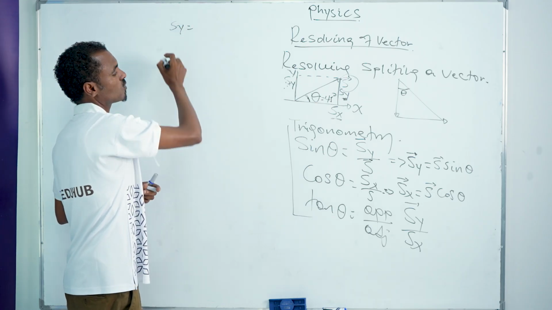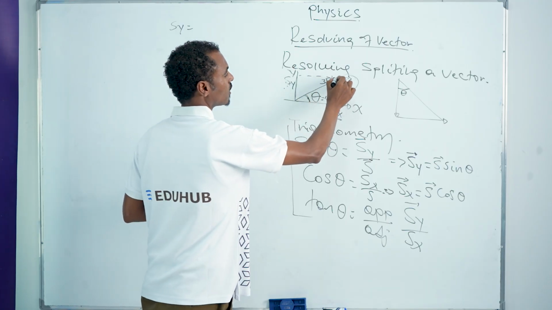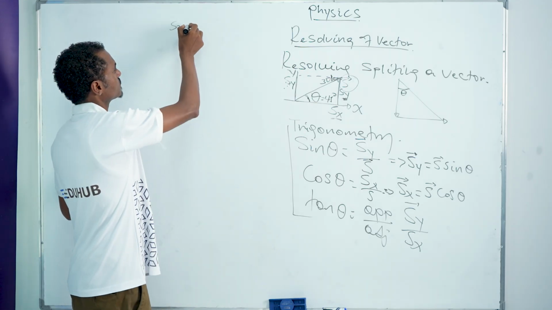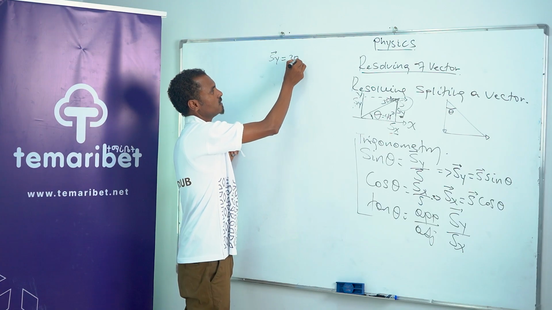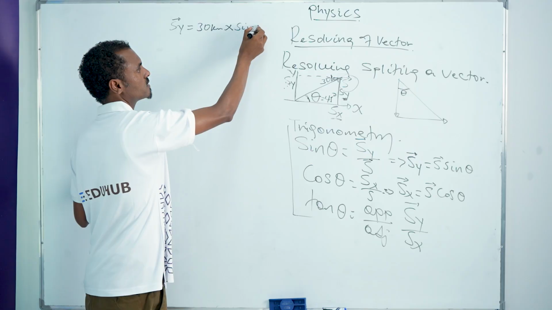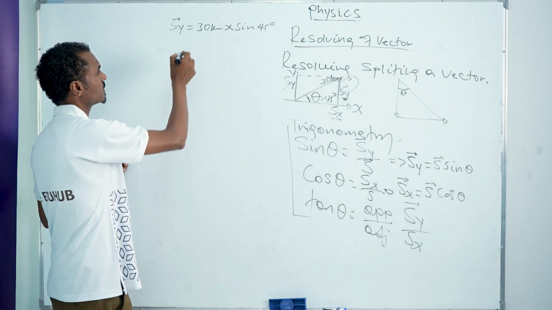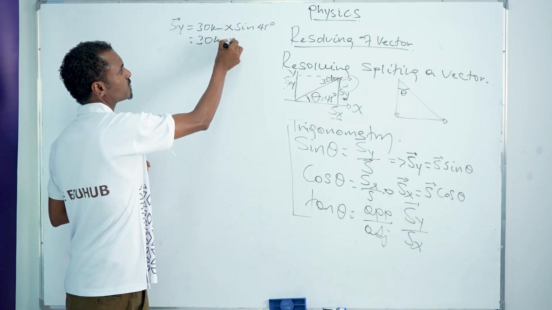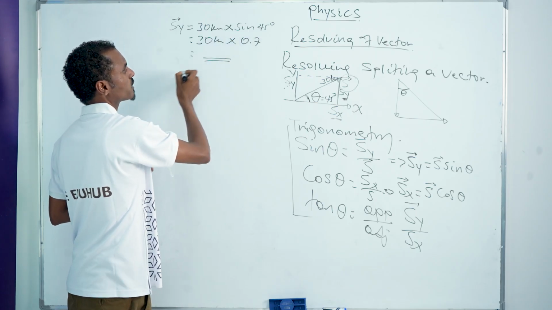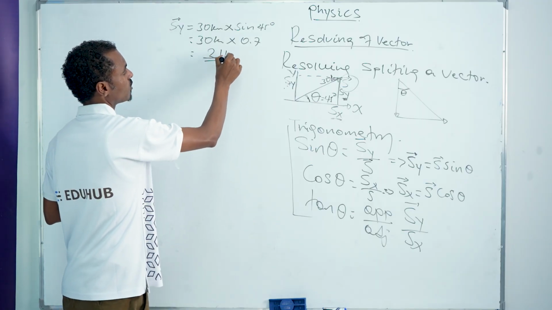S in the y is equal to the value of your resultant, may be 30 kilometers or meters, whatever it is, but it should be a vector. S in the y is 30 kilometers multiplied by sine of your angle, 45 degrees. As we know, sine 45 is 0.7. So 30 kilometers multiplied by 0.7 gives S in the y, which is 21 kilometers.